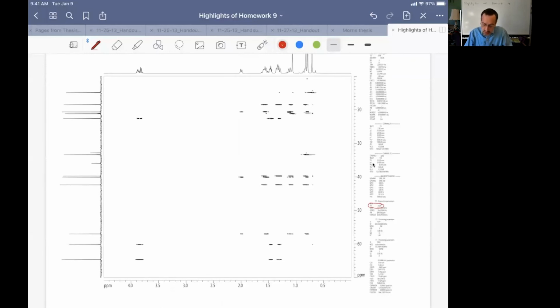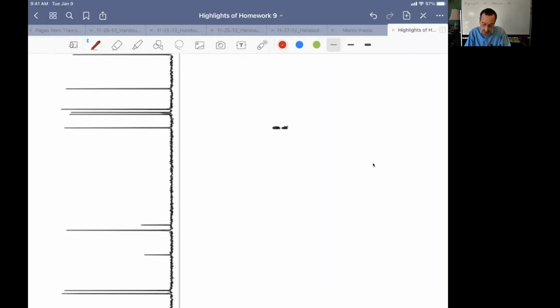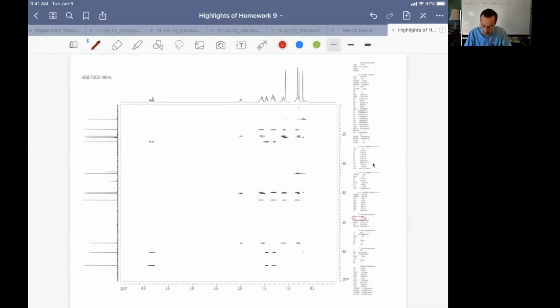That's going to allow even carbons that are really close together, like these 2 carbons, to be resolved. So I'm going to give you some highlights here. Number 2 is a methylene. Number 3 is a methine. Number 4 is a methine.